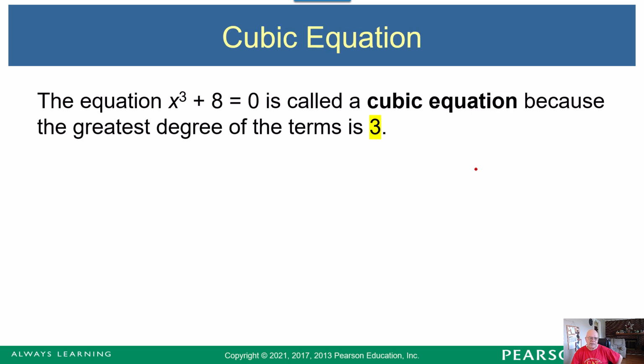Now the trick is you need to be able to factor that. Some people can't factor it. So how do we factor x cubed plus 8? Well, here's an example. Let's suppose we've got y cubed plus 27 equals 0.